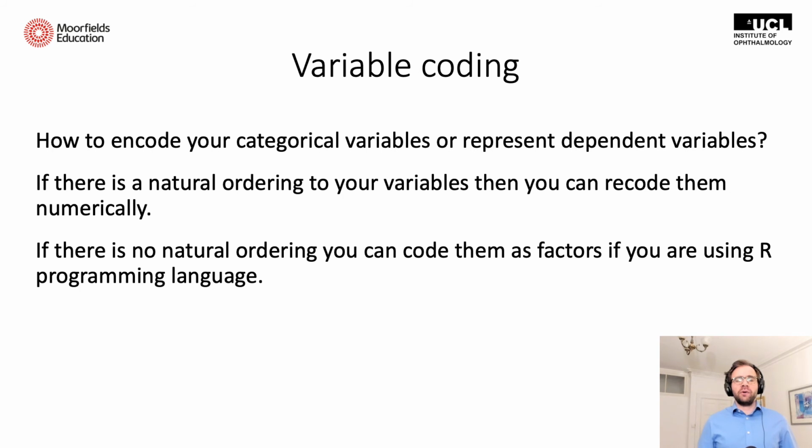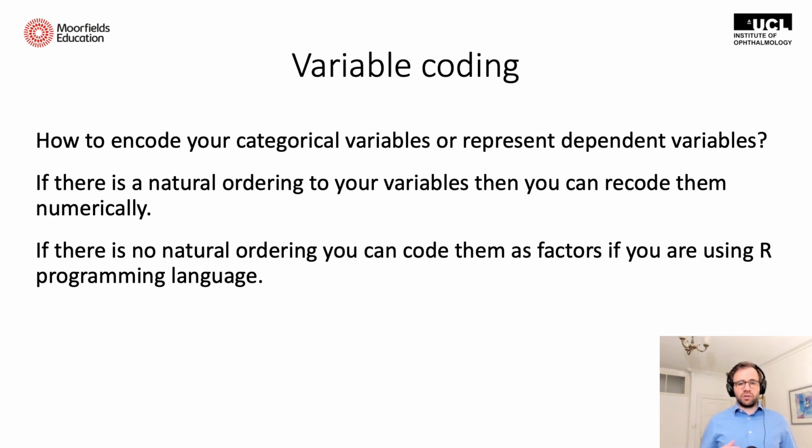The other thing to be aware of is, when you are putting your variables in your model, how do you represent them? If it's numeric variables, then that's easy. Age, for instance, you don't need to do anything. But some variables may appear as categorical, but actually have some order to them, right? So it's always better to order your variables if you can. If a variable has a natural ordering, then try and code it.